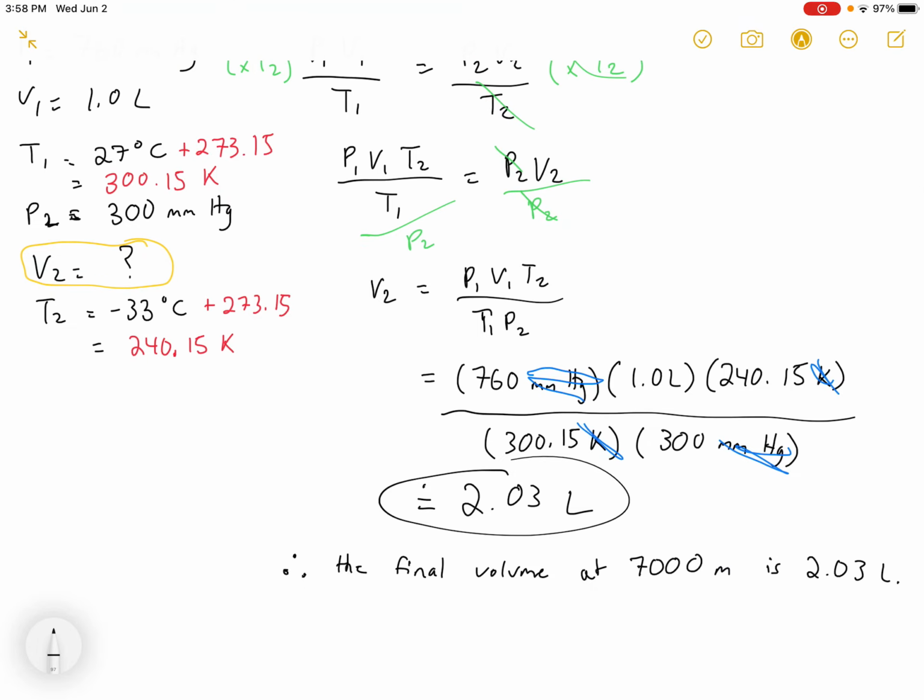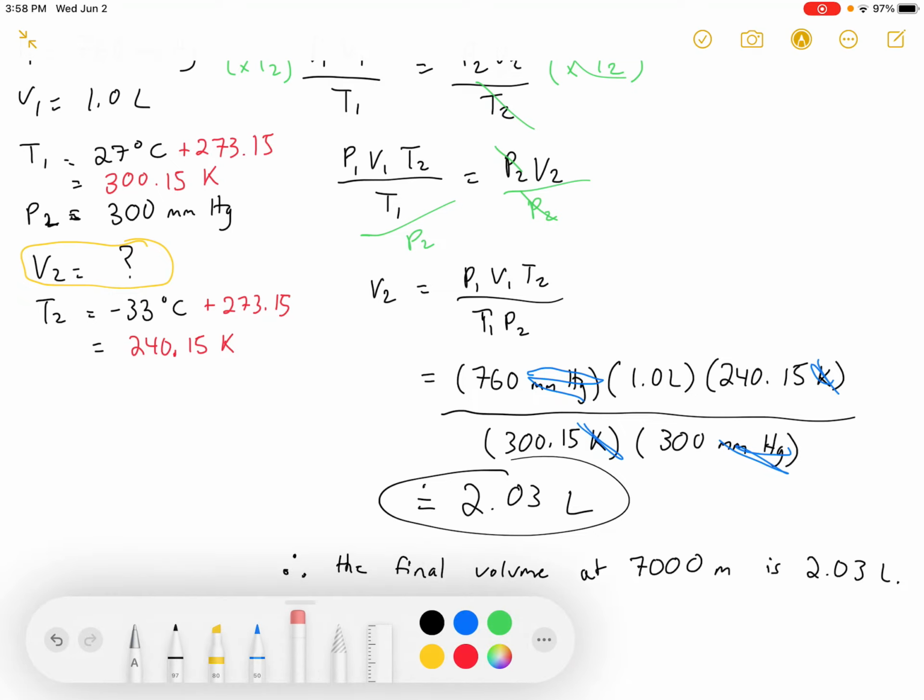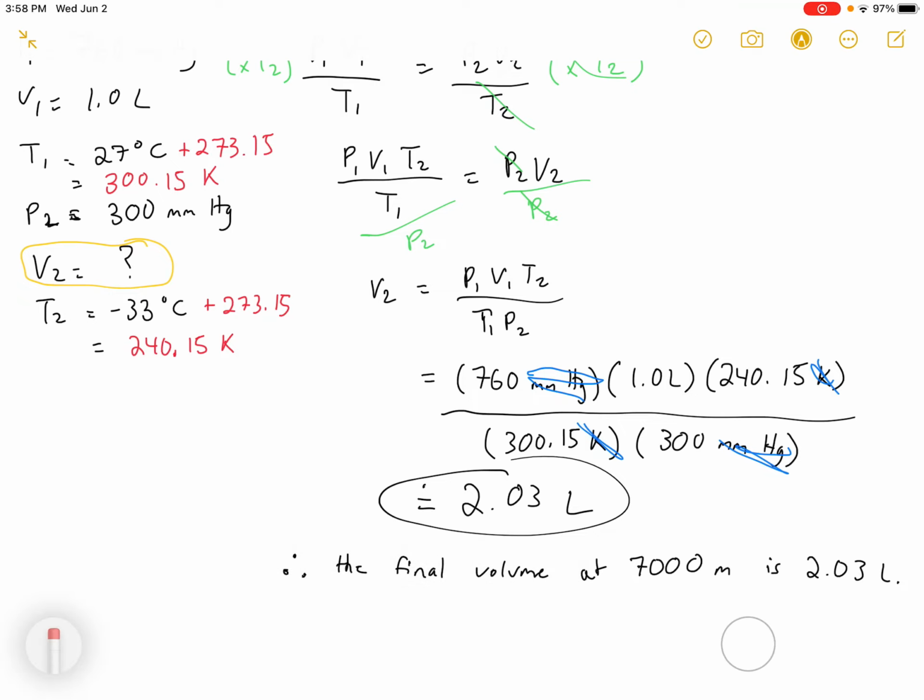Normally you would expect that if you're just looking at volume and temperature, a lower temperature means a lower volume. But because the pressure difference was so strong here, it basically totally overcame the temperature difference and allowed us to still have a larger final volume.